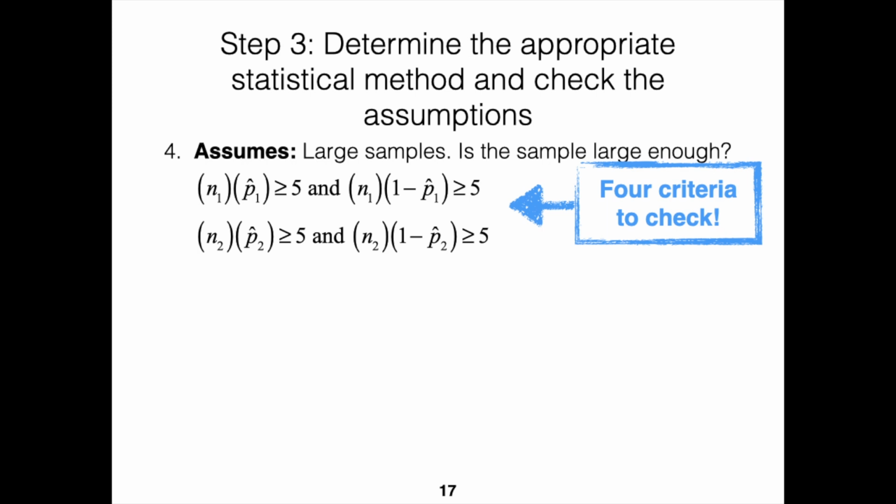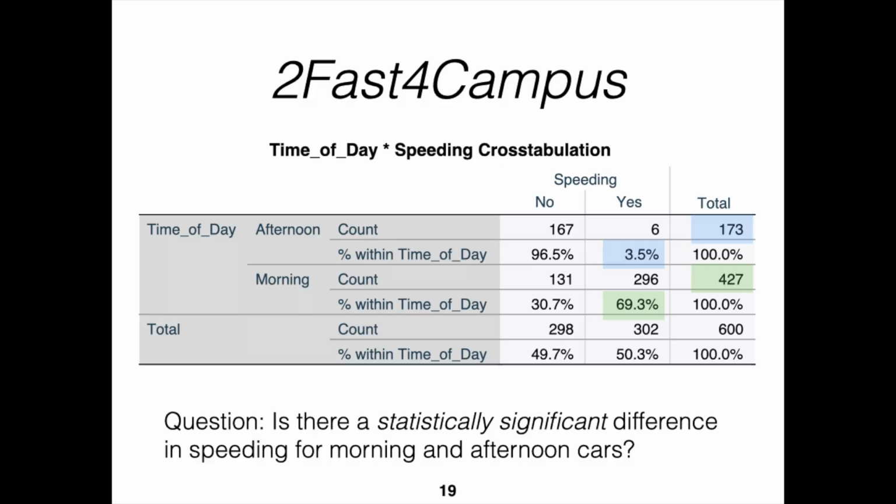You need to know the sample size for the first group, the sample size for the second group, the proportion of individuals with the feature that you care about for the first group, and the proportion of people with that feature for the second group. To figure this out, you're going to have to go to that cross tabulation to get those numbers. Once we get those numbers from this cross tabulation, we take them and plug them into those criteria.